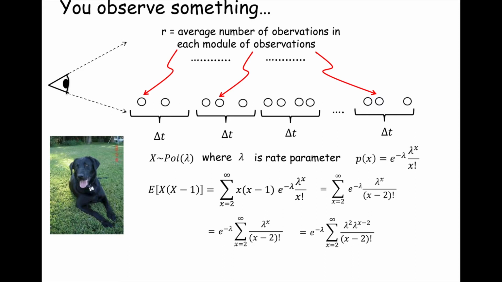So I factor out lambda times lambda from this lambda to the x, and that leaves me with lambda squared, because that's what lambda times lambda is, times the rest of these lambdas multiplied with one another. There are x minus 2 many of them, so I get lambda to the x minus 2 power. Everything else is the same. I still have that denominator, x minus 2 quantity factorial. Does that make sense? I'm just looking at the definition of what an exponent means, and I'm just associating the multiplications of these lambdas with one another differently.